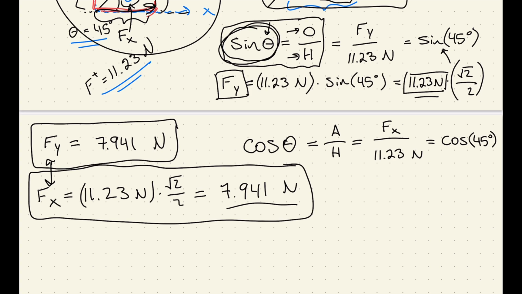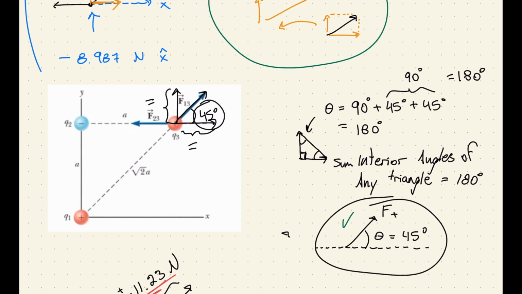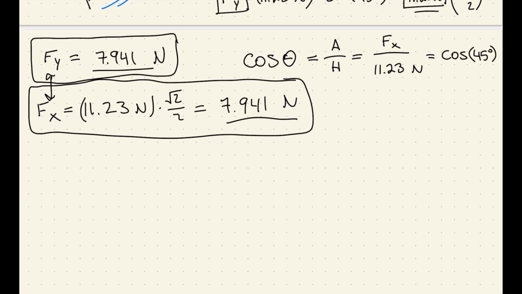So it makes sense why these are equal. This only works if your right angle triangle has 45 degrees. If this angle was something smaller, like we had something like this, and here it was 30 degrees, then of course you would have different components. This component, the Fy, would be smaller, and this component, the Fx, would be larger. So it depends what your triangle is looking like. Okay, I hope that made sense, guys.